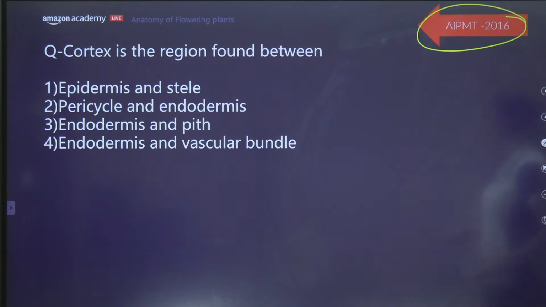Yes, guys. What is the answer? क्या आंसर होगा? Yes, Bakshu, what will be the answer?